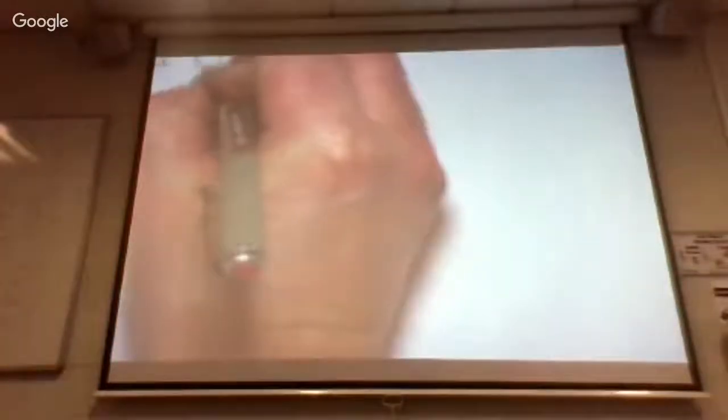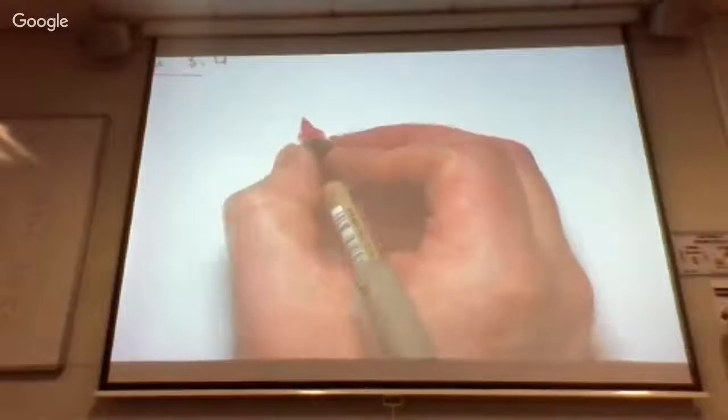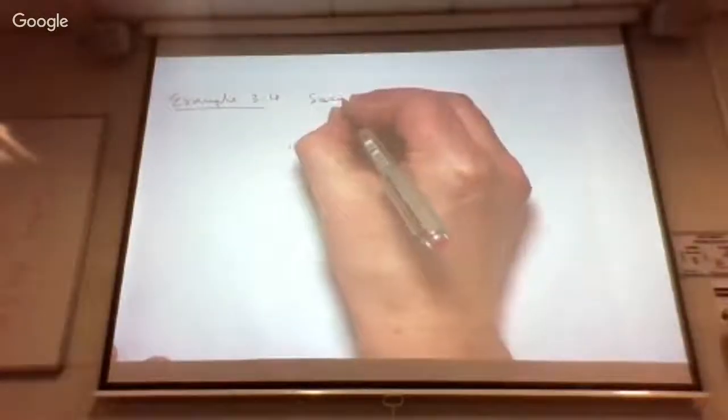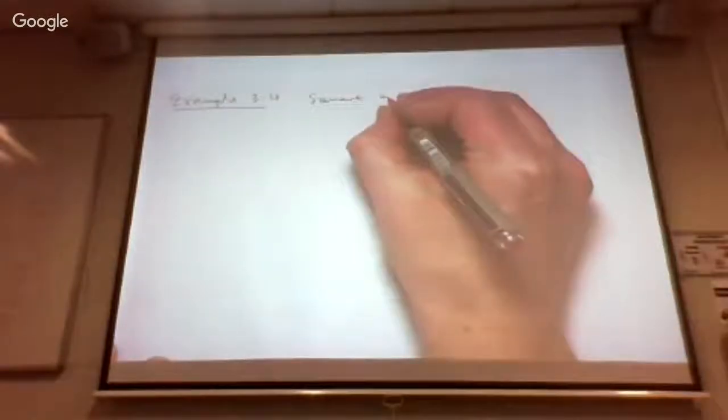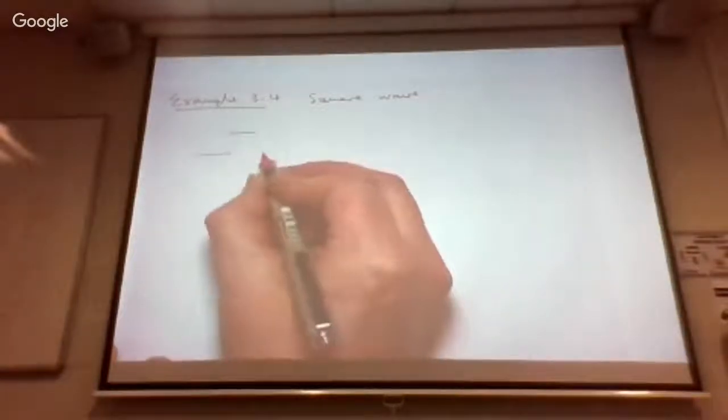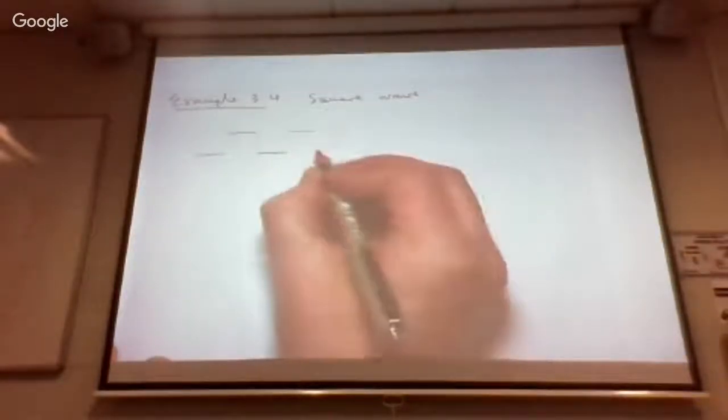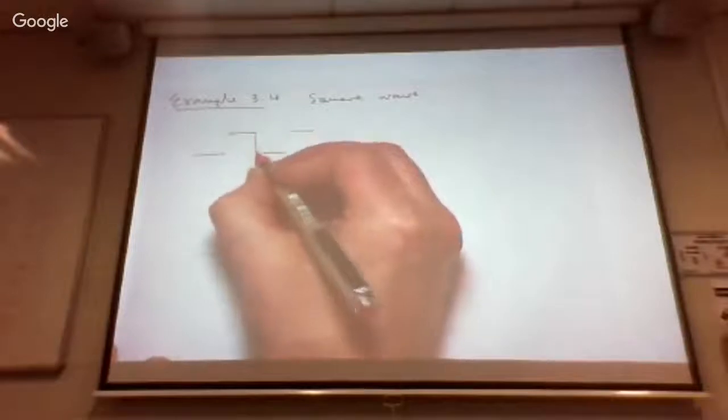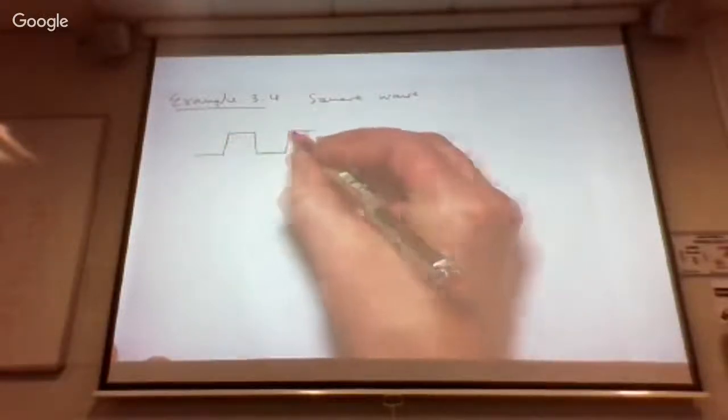Example 3.4. The square wave: to emphasize its wavy aspect, you can draw these lines.